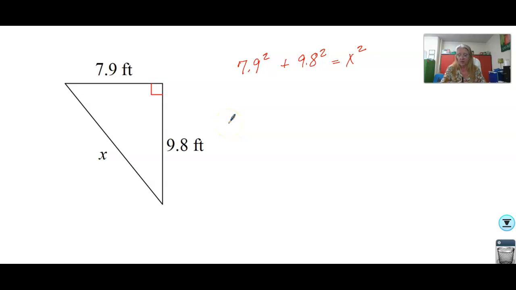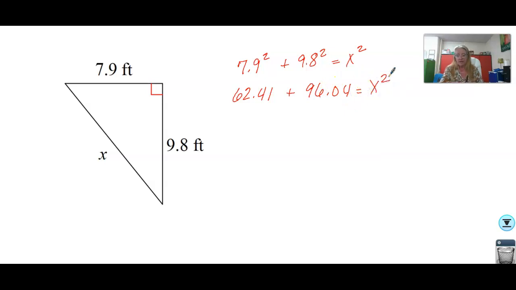Okay, so I need 7.9 squared, 62.41, and 9.8 squared is 96.04.